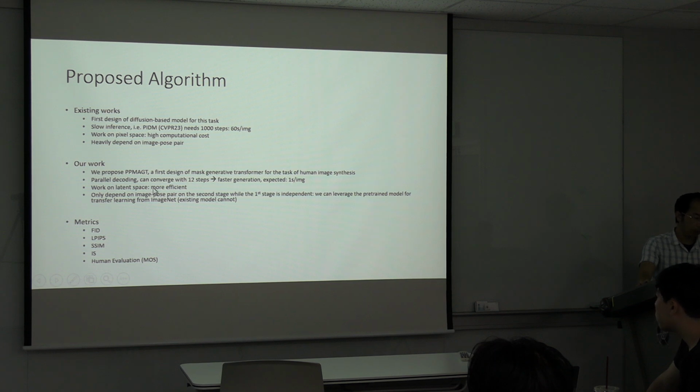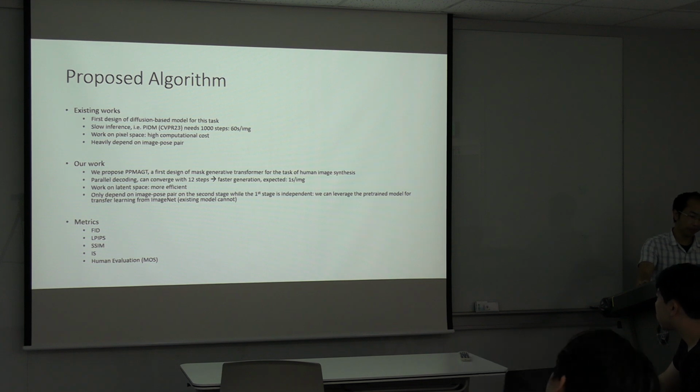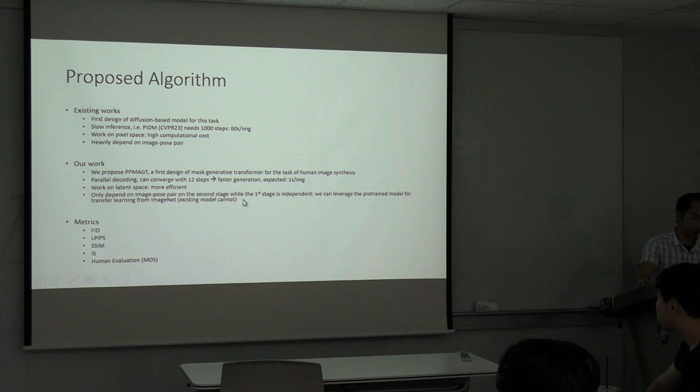And our model works mostly on the latent space. In the first phase, we don't need to use anything from the image and pose pair, so the first phase is independent from the pose. So we can leverage the pre-trained model from the very large scale ImageNet, for example, as a dataset.